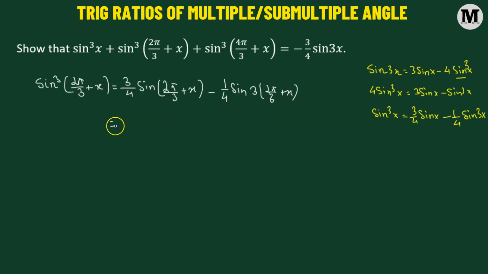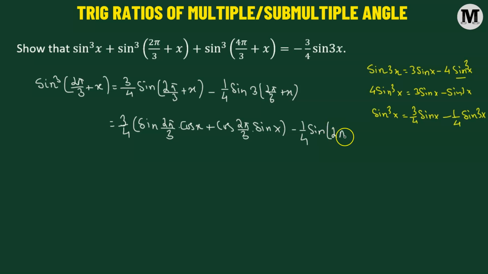So we have 3 over 4 times, let's expand sine of 2 pi over 3 plus x. It's a sine of a compound angle. This is going to give us sine of 2 pi over 3 multiplied by cosine of angle x, added to cosine of angle 2 pi over 3 times sine of angle x, minus 1/4 sine of angle 3 multiplied by 2 pi over 3, that's going to be 2 pi, added to 3x.